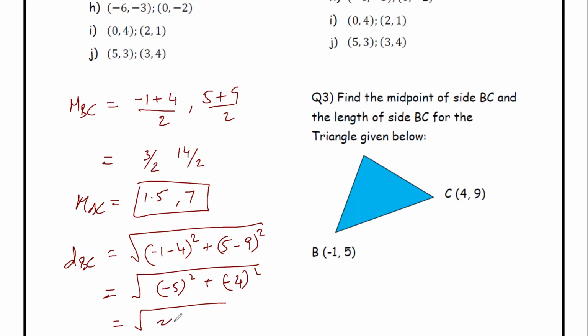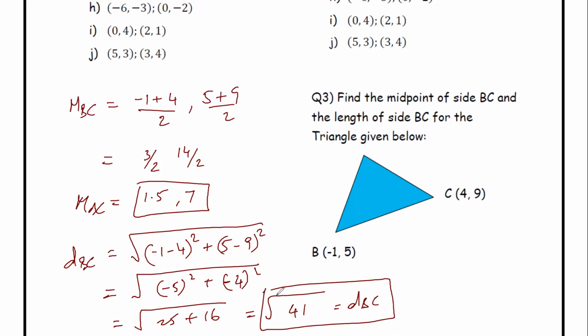So that's root of 25 plus 16, which is root of 41. That's the distance between the line segment or the side BC of the triangle given. So that's my answer.